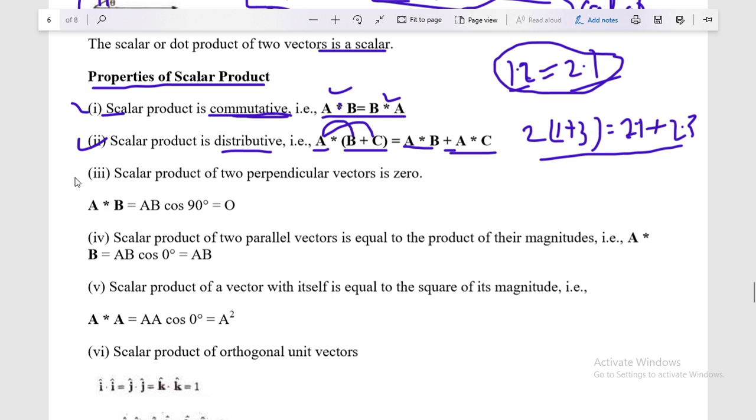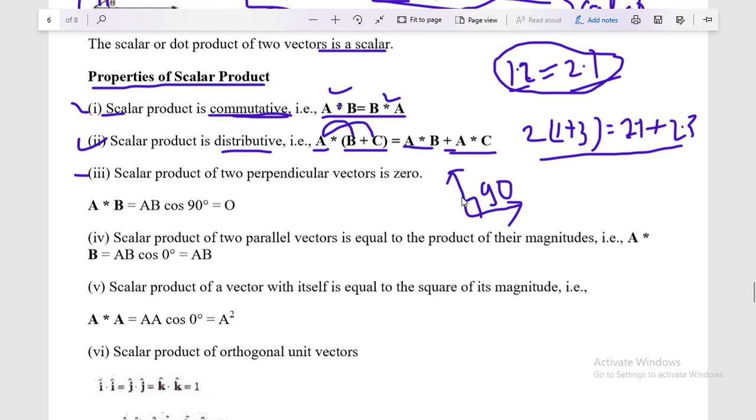Now the third property: the scalar product of two perpendicular vectors is 0. Suppose two vectors are perpendicular to each other, and the angle between them is 90 degree. We are always taking the smaller angle.